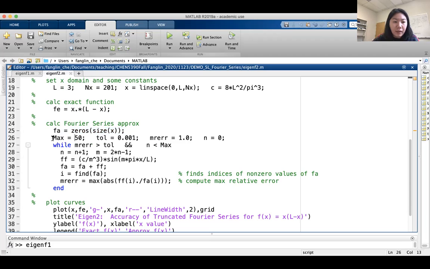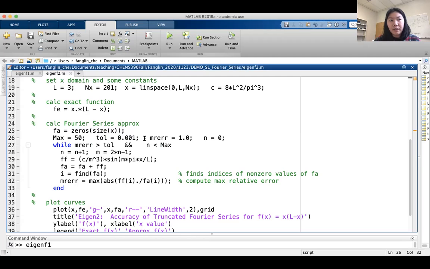Of course, we set up a maximum iteration number, which is 50 here, because previously when we coded f(x) equals 1, the maximum iteration we used was 50. We set up the tolerance so that if adding a step makes a very small change to the whole sum, then we will stop our while loop.